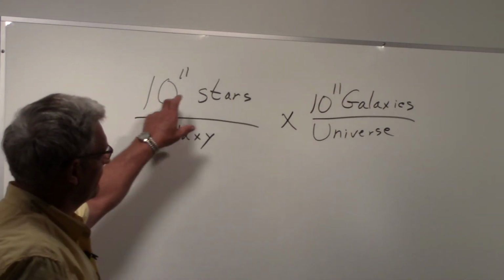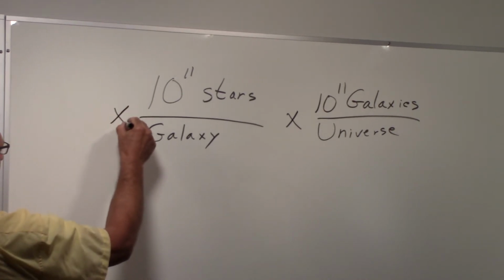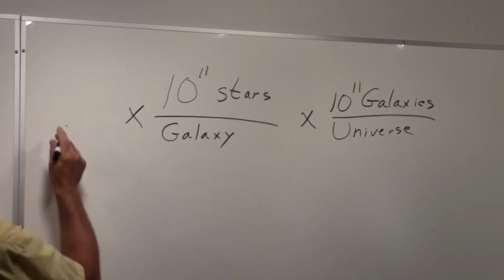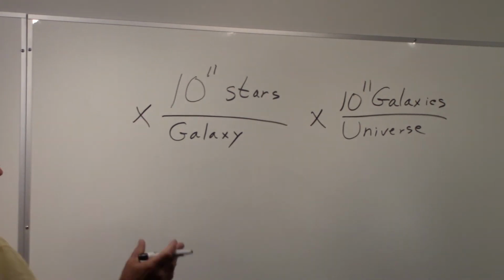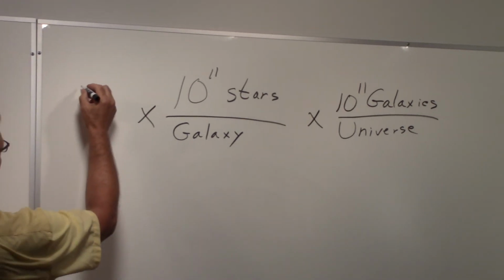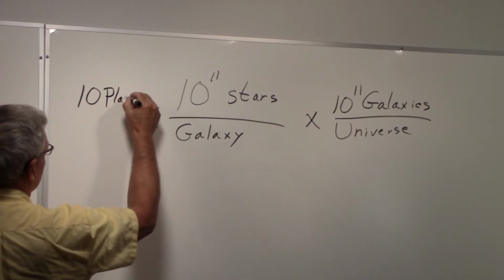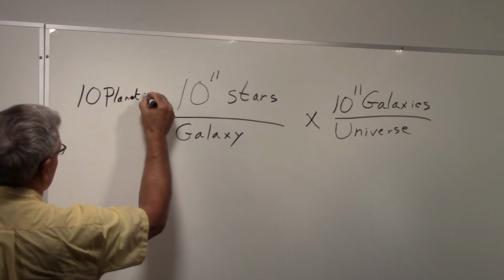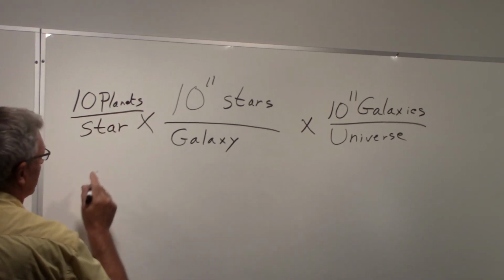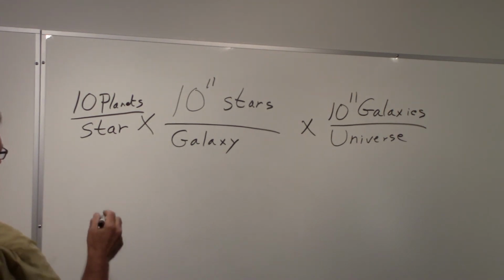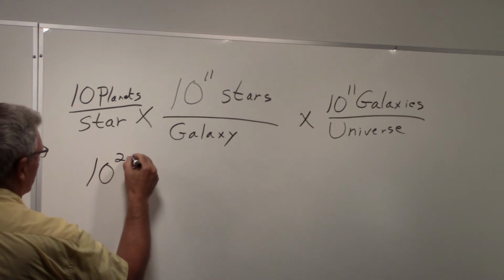We almost have Avogadro's number. Now, if we ask how many planets there are per star, and we'll just say based on our solar system, we got roughly 10 if you count Ceres and Pluto. So let's say we have 10 planets per star. So if you work this out, you wind up with 10 to the 23.